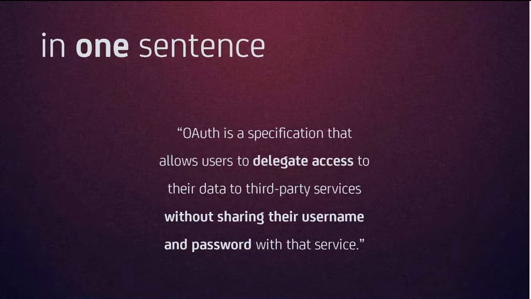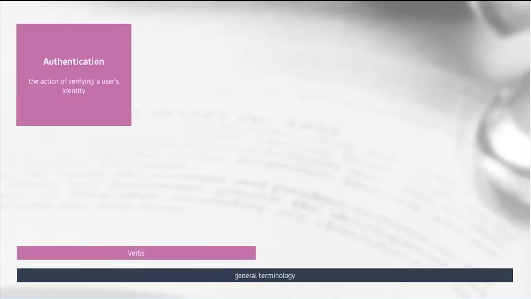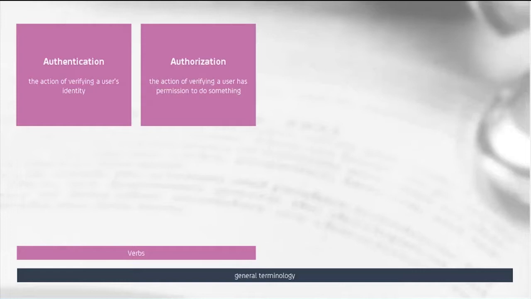Let's have a quick look at the general terminology, because OAuth is a long specification, so there are many words included and many types. Let's look at the verbs. Authentication is the action of verifying a user's identity. Authorization is the action of verifying a user has permission to do something.